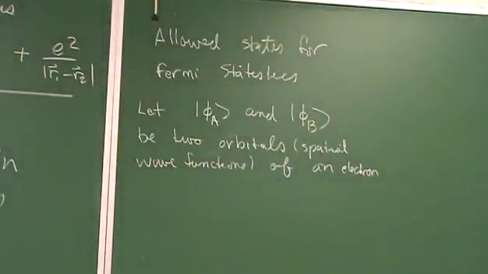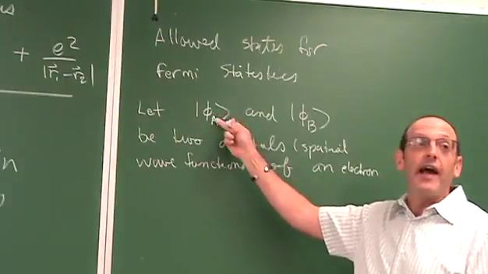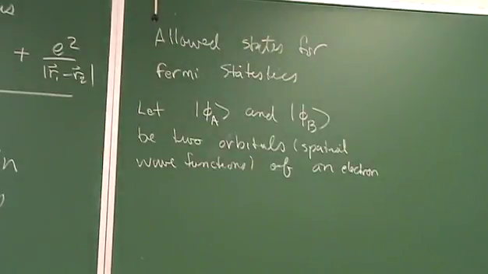So we want to think about what are the possible states allowed in which one of the electrons is in orbital phi A and another of the electrons is in phi B. Maybe phi A and phi B are the same orbital, or maybe they're different orthogonal orbitals. Let's just leave that general for now.